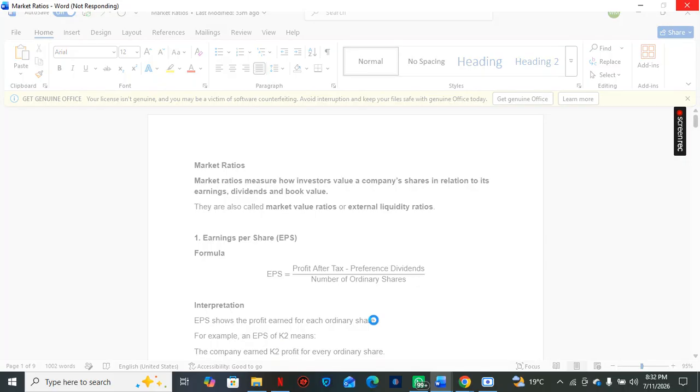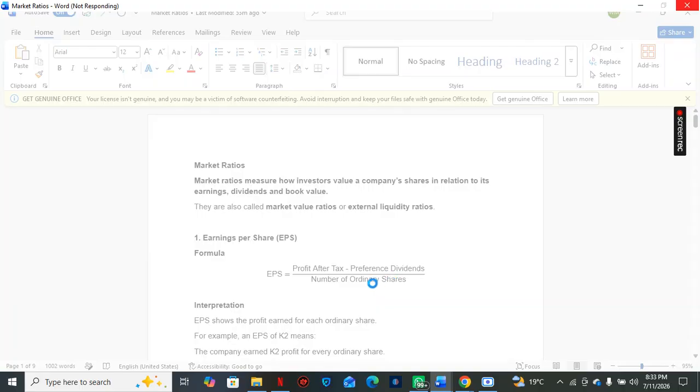If a listed company's earnings per share has gone down, let's say last year it was 5, then this year it's 2, how can they improve this ratio? By making more profit, yes. That is the key there.